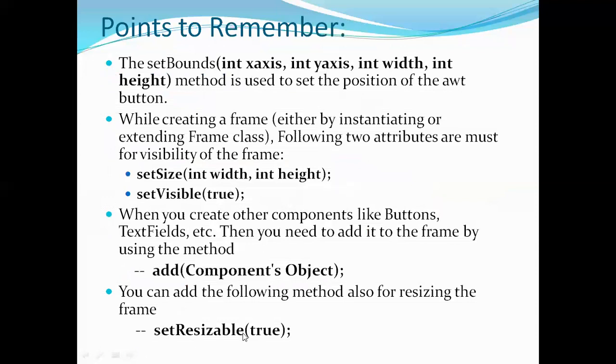And next, you have a method for resizing the frame, called set resizable true. Using this you can change the size of your frame. Otherwise it will stay at the same size you created. So these are the main points you have to remember while creating the frame.